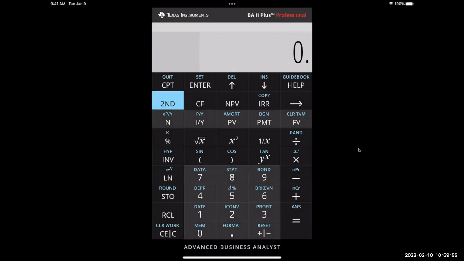What did I do? It was 10 years, 15%, 150, 0, and compute FV. Okay, so that's the first 10 years. Did you get that? Yes, that's at the 10th year. Okay, that's the 10th year.